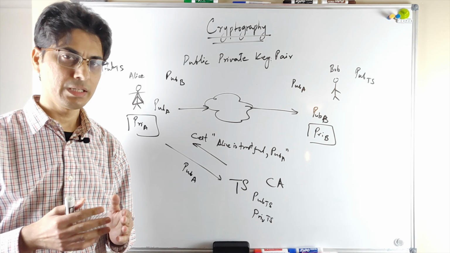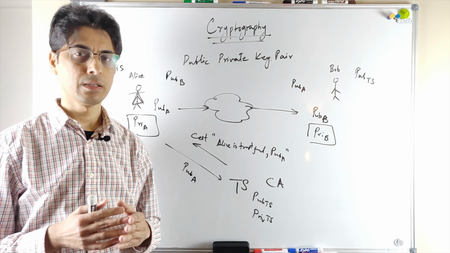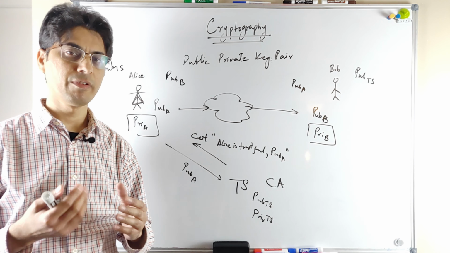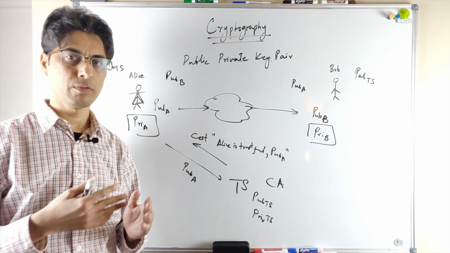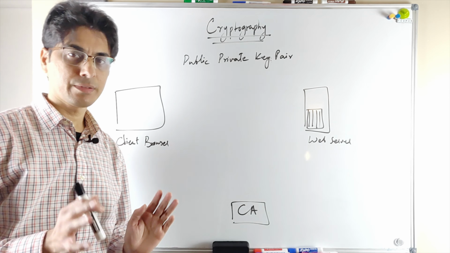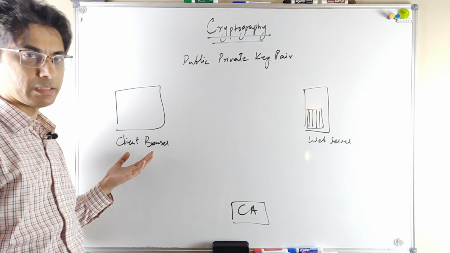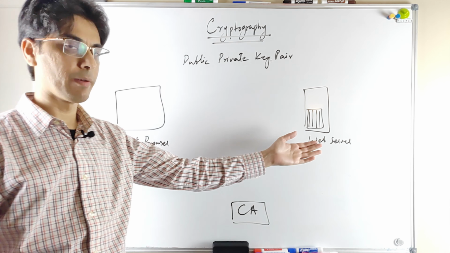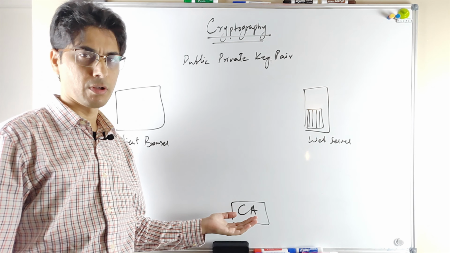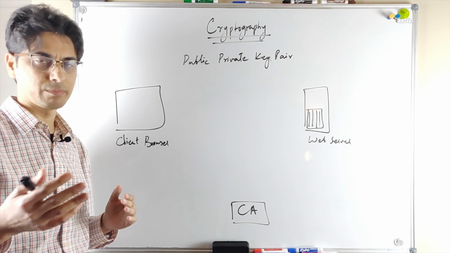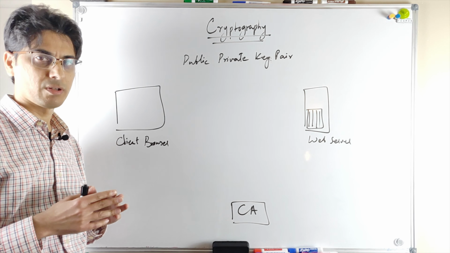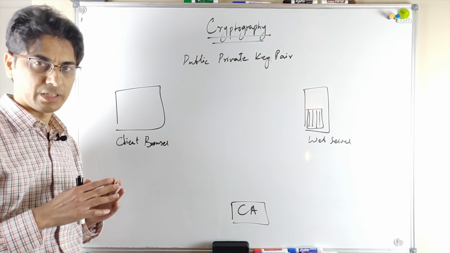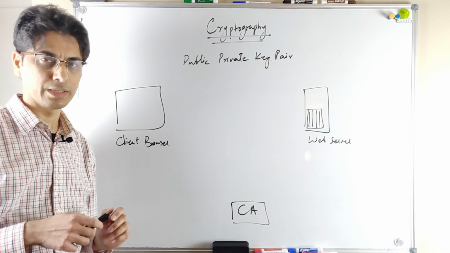And now let's see how this scenario is applied to distributed systems, especially when a client app communicates with a web server. Now consider a scenario where we have a client browser, for example Chrome, and the Chrome browser wants to communicate with a web server, and there is some certificate authority. When you install a browser like Chrome, the installation process also installs some certificates from a certificate authority as well.